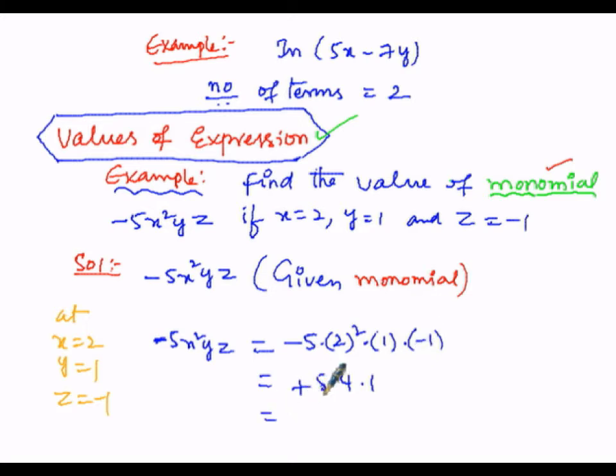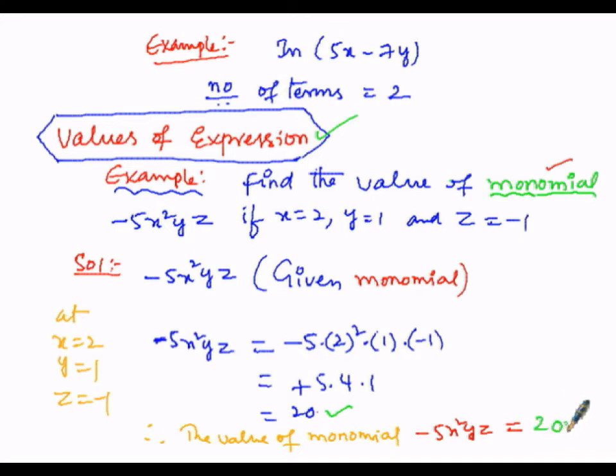Already we have multiplied minus of minus as plus in the beginning, so we need not write it here. Then 5 fours are 20, 20 ones are 20. So this is the value of the monomial minus 5x square yz when we have substituted x as 2, y as 1 and z as minus 1. Therefore the value of the monomial minus 5x square yz is just 20.